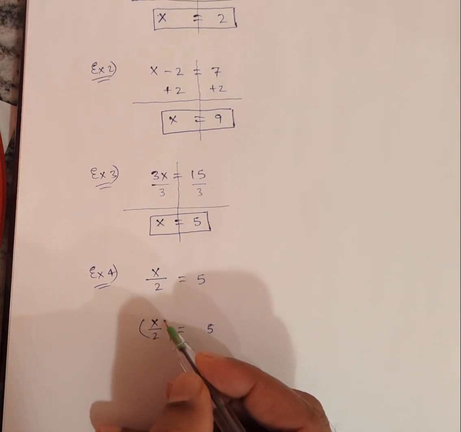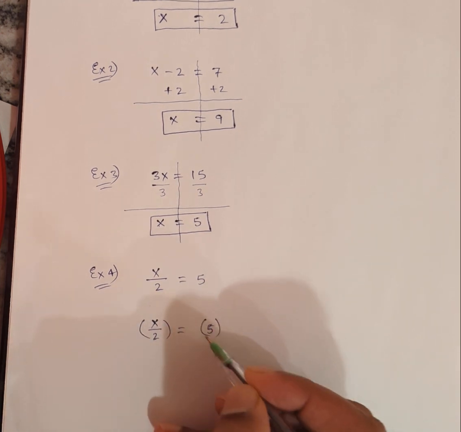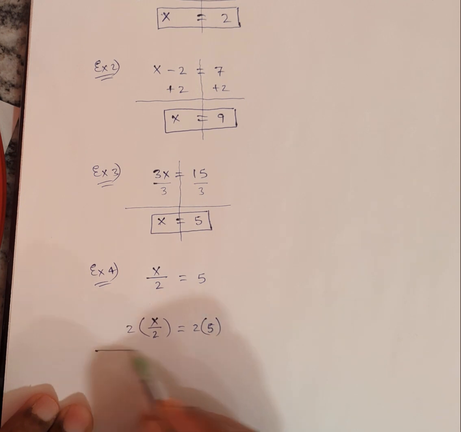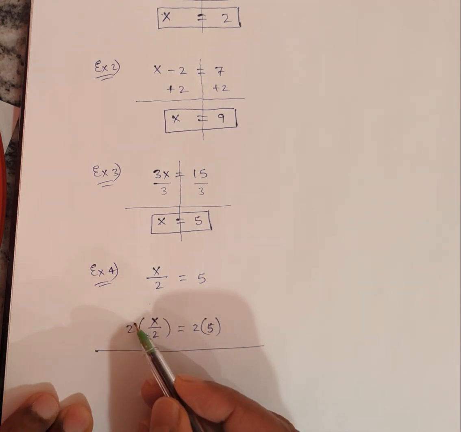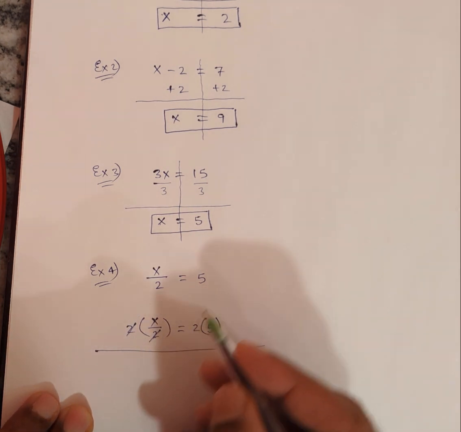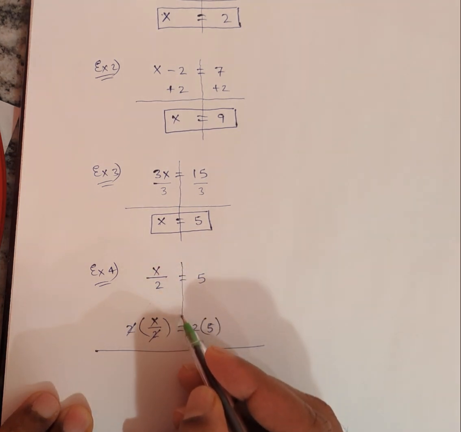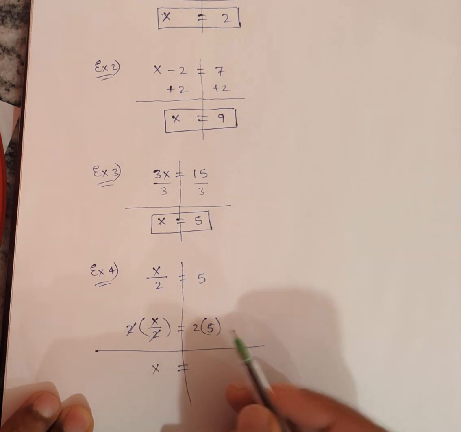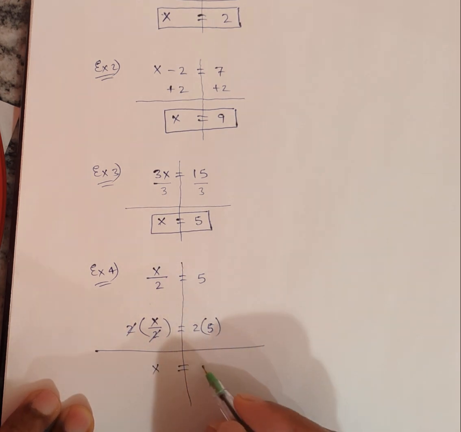And you can see, if you multiply both sides by 2, this is what's going to happen. This 2 is in the numerator and this 2 is in the denominator. They cancel each other out, leaving you with just x. On the right, it's 2 times 5, which is 10.